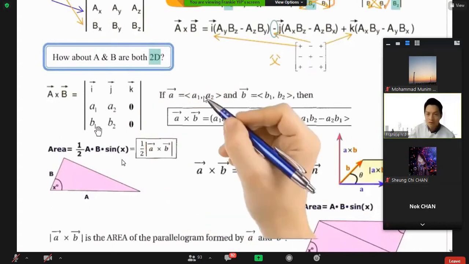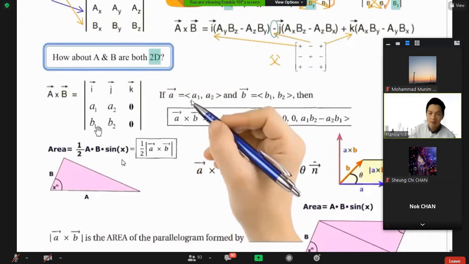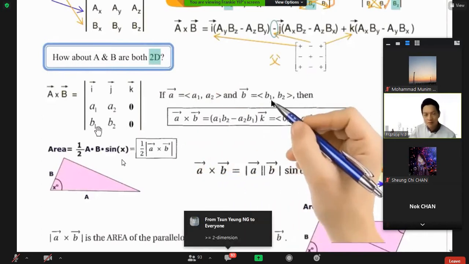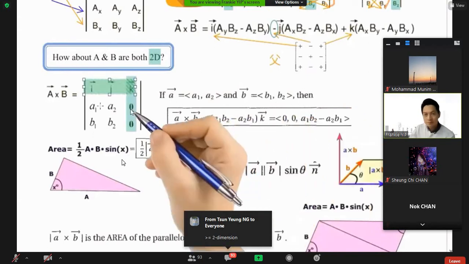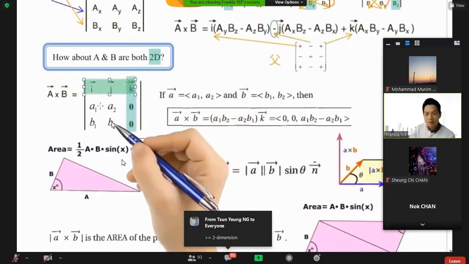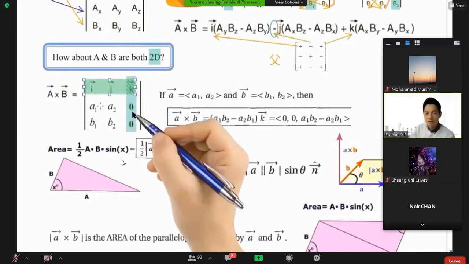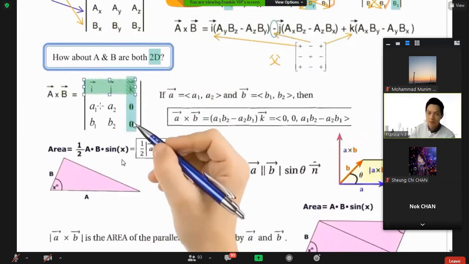If it is 2D, A can be A1 i plus A2 j, and B is the same. Then the result is very easy. Because we don't have the coefficient of k, these two should be 0.